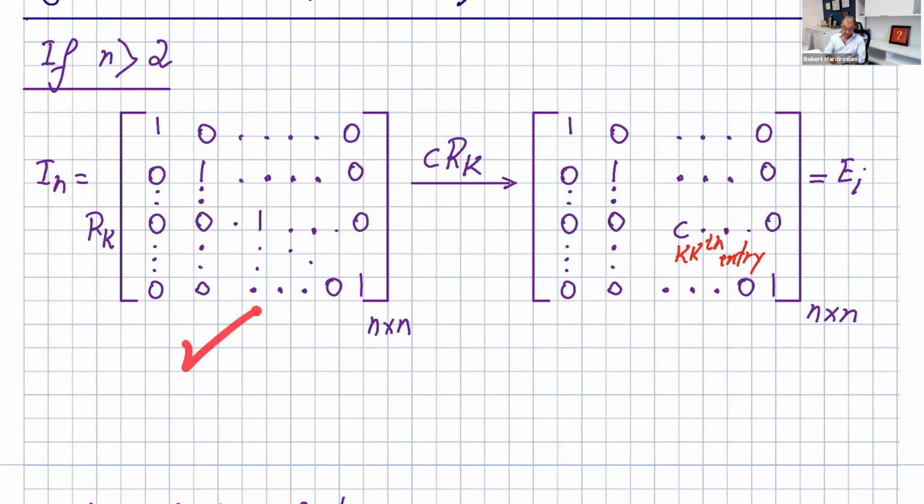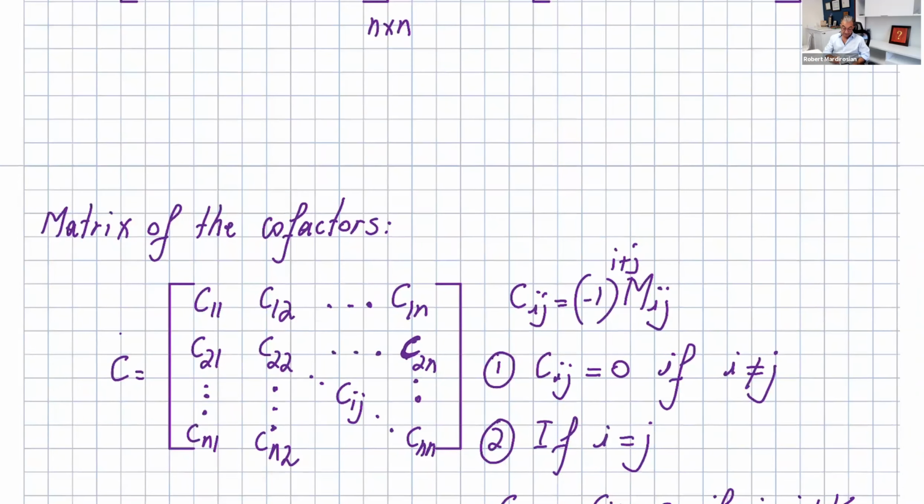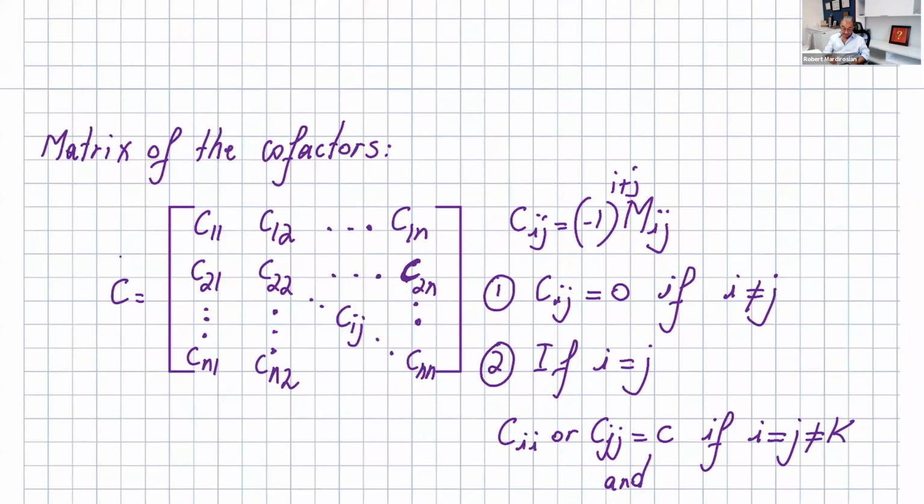I started with the identity matrix. I took a row k and multiplied that by c. So that's what we get. So this is our E, and then the kth by kth entry became c, and this is an n by n matrix. Now, if you want to calculate the matrix of the cofactors, again, this is the matrix of the cofactors.